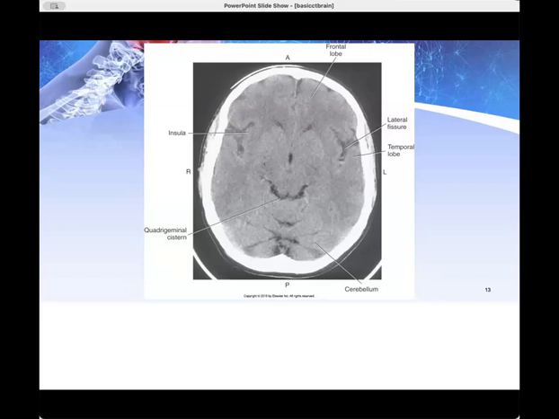The primary visual area receives input from the optic tract via the optic radiation, which extends from the thalamus.